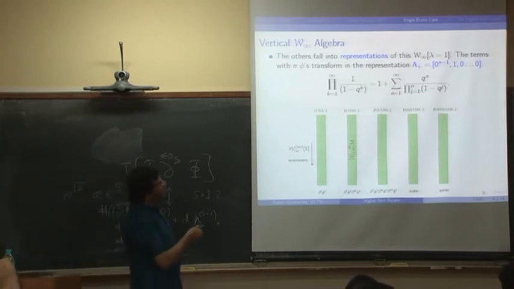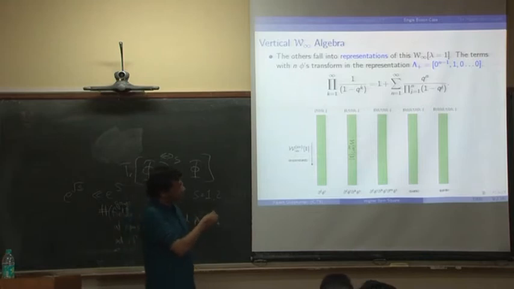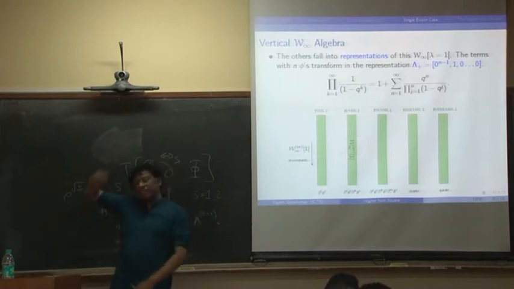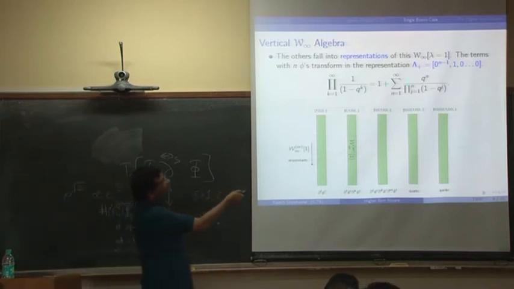But the significance of this identity is that these are the characters of each of these representations. So this whole generating function of the chiral algebra can be written in a character decomposition in terms of this higher spin symmetry, and each of these are the characters of these representations.